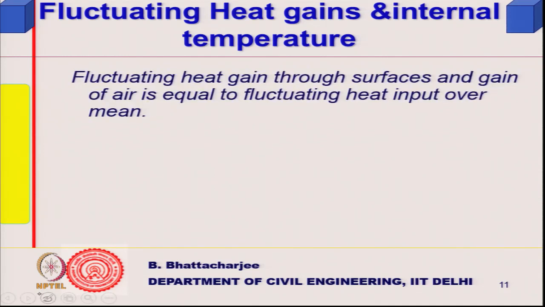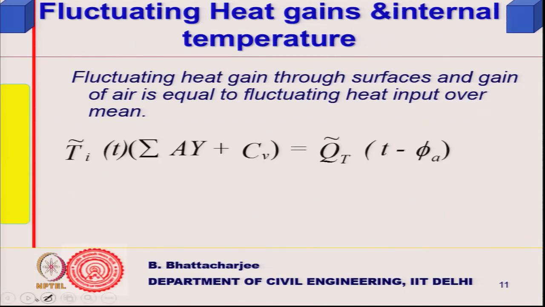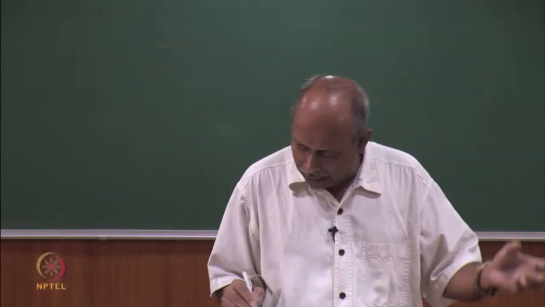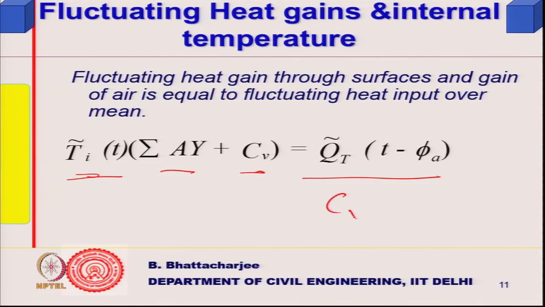All fluctuating heat through surfaces is equal to the fluctuating heat input over the mean. So, T I A I plus C V T I, that component remains. C V into T I, I did not take into account.